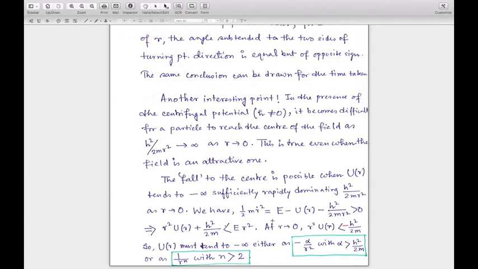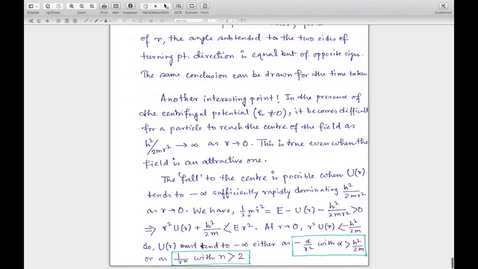I am just multiplying everything by r square. Now at r tending to 0, E is a constant, so E times r square tends to 0, so you just make it 0 in the limiting sense. And then this condition boils down to r square U(r) less than, there will be a minus sign in your note, just check it and edit it, minus H square by 2m.